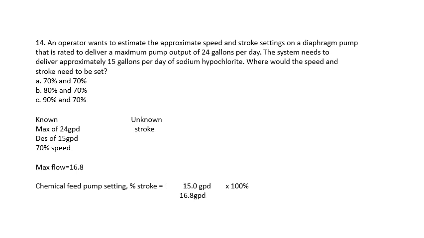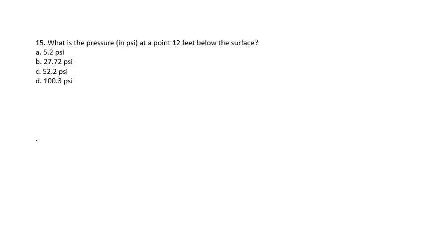So 15 gallons per day divided by 16.8 gallons per day. That's going to give you 0.89, which you will then multiply by 100%. And our answer on this will be C, 90% and 70%, because you round up to the closest answer.